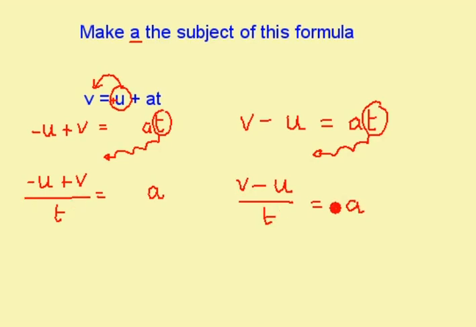These two answers are actually exactly the same because they've both got a negative u and a positive v over t. But they look slightly different, so just be aware that you can do it either way.